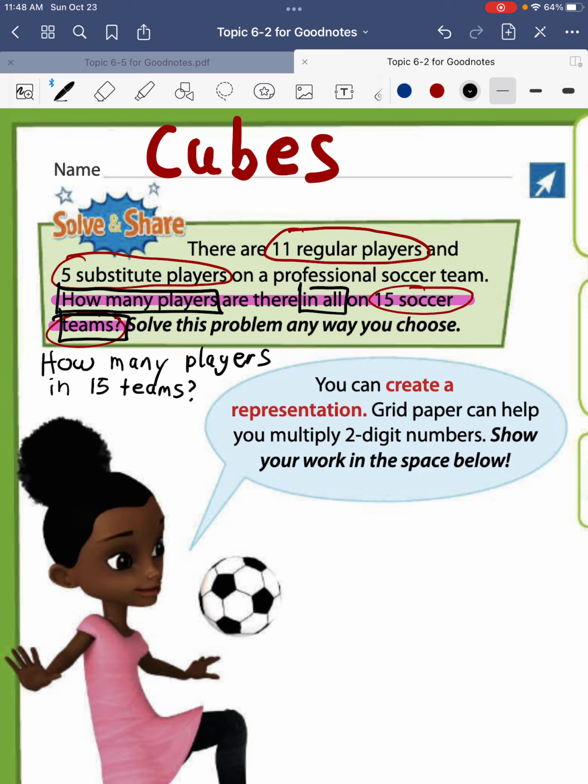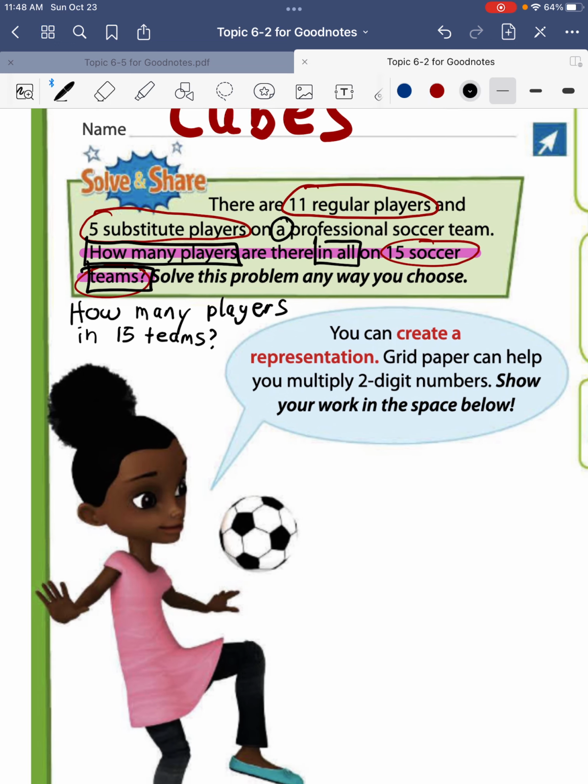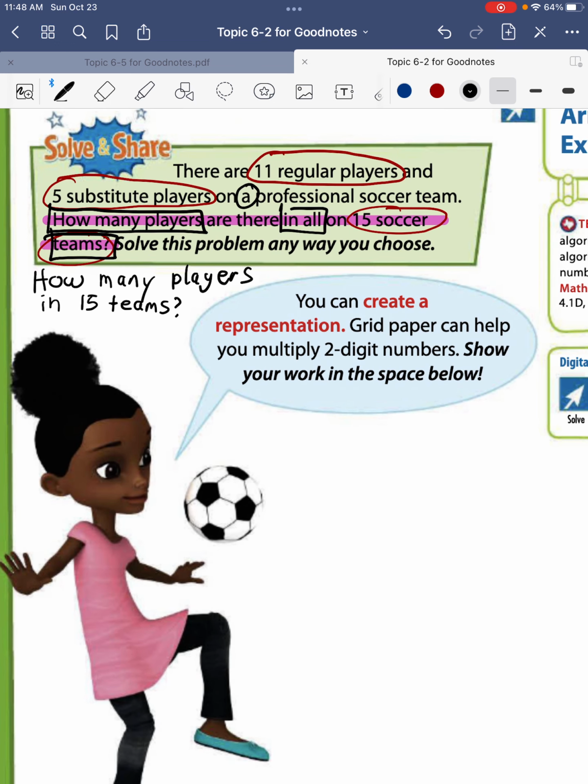Okay. So if I go back to my problem, it says there are 11 regular players and 5 substitute players on a professional soccer team. So the word is telling me that on one team, there's 11 regular and 5 substitute. So first, let me figure out, okay, if I have one team, how many players are there? I know there's 11 regular, and I know there's 5 substitute.